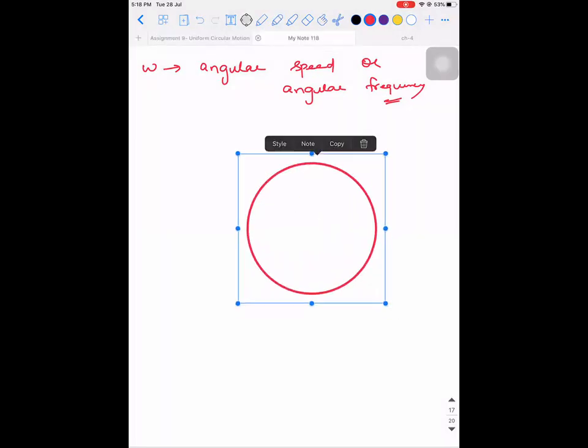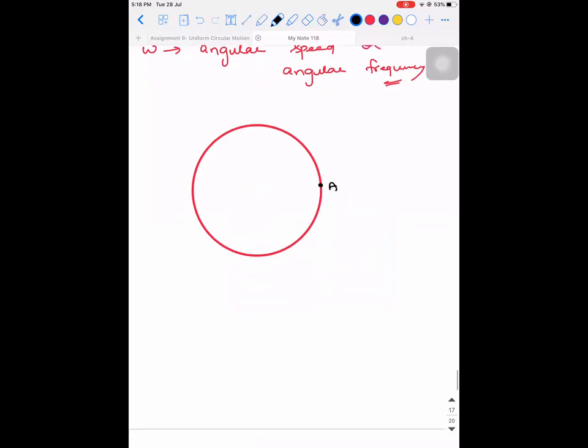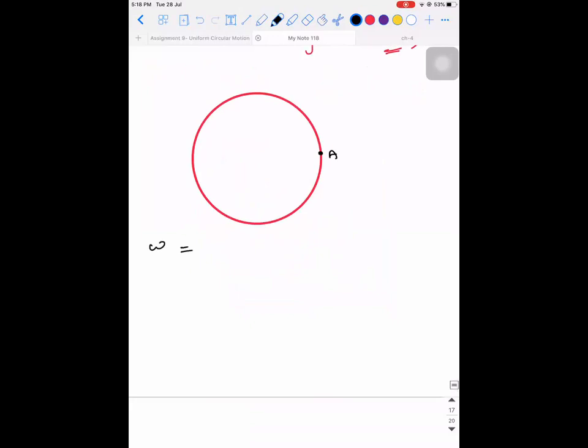If I take a circle, for me to go from point A and come back to the same point A, how much is the radian I'm supposed to cover? 360, I told radian. 2 pi.